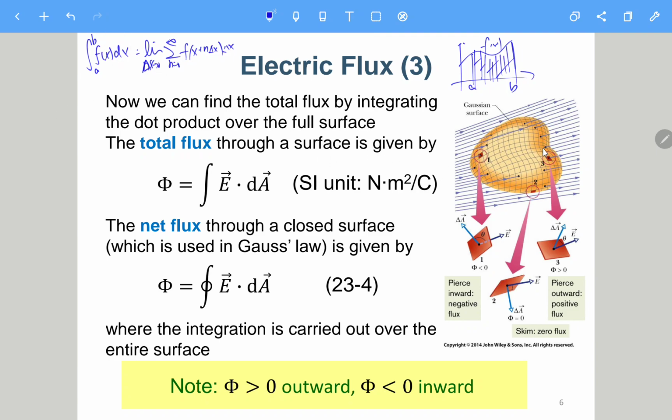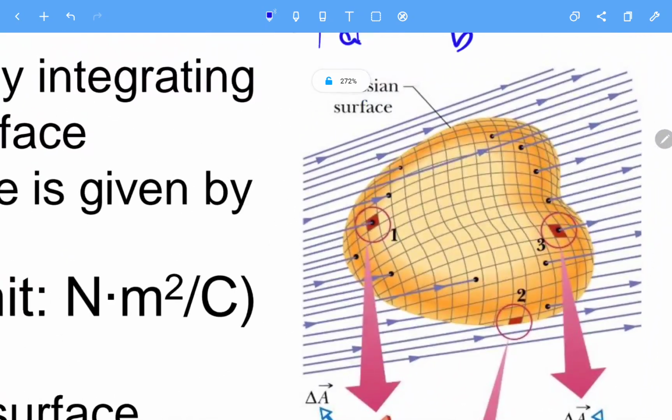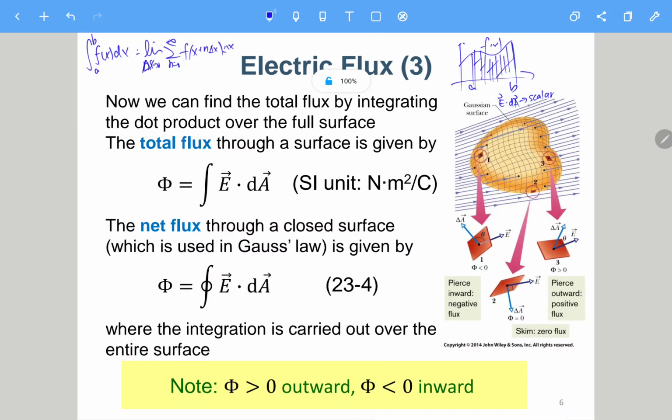Here it just means we cut it into very small pieces, and for every piece you can find E dot dA one by one, and each will turn out to be a scalar. So for all the scalars, you can just add them together. This is pretty much it.